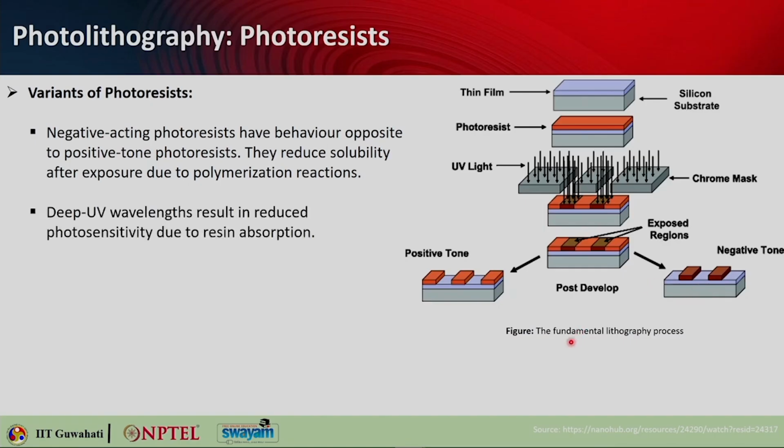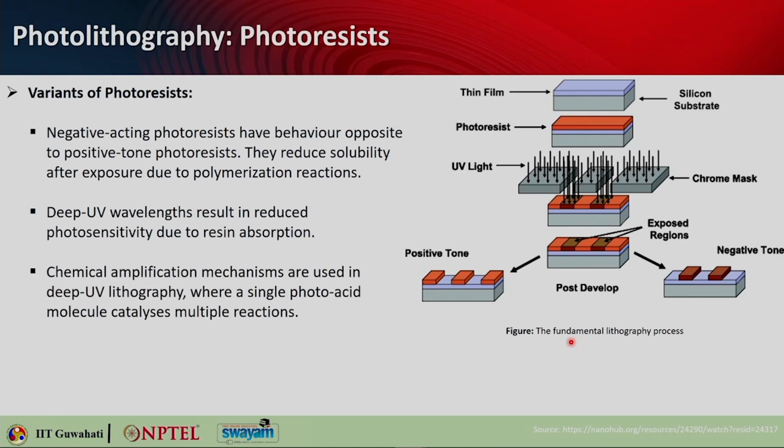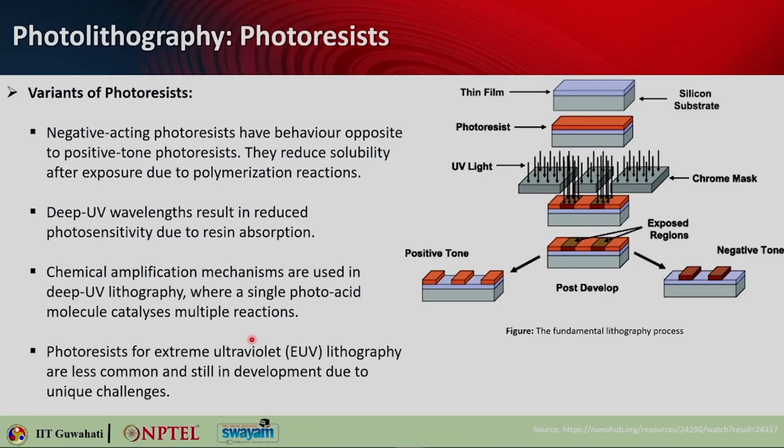Deep UV wavelengths result in reduced photosensitivity due to resin absorption, and chemical amplification mechanisms can be used in deep UV lithography, where a single photoacid molecule catalyzes multiple reactions.